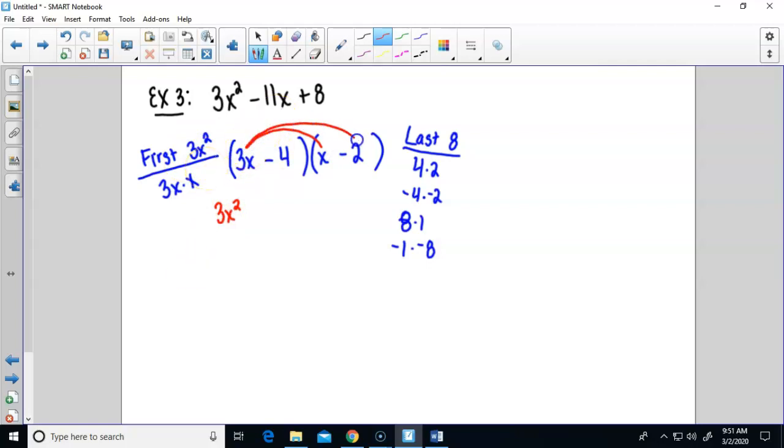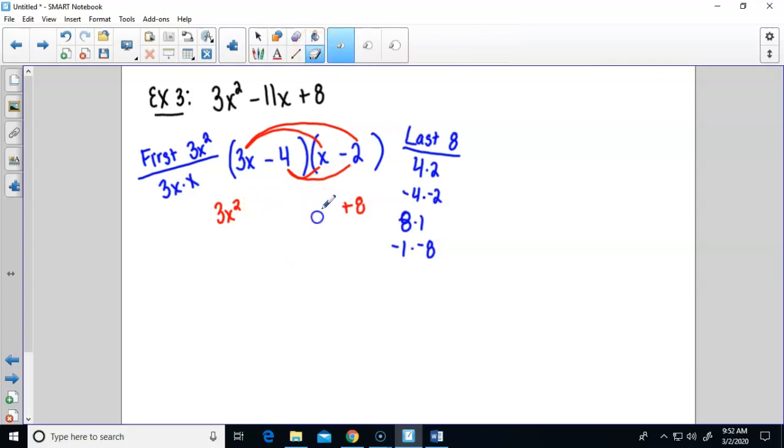Then we would do 3x times negative 2, which gives us negative 6x. We'll do negative 4 times x, so negative 4x. And then negative 4 times negative 2, which gives us positive 8. If you want to skip writing that, that's fine because you got the positive 8 over here. Now, is this going to give us negative 11 in the middle, Julie? No.